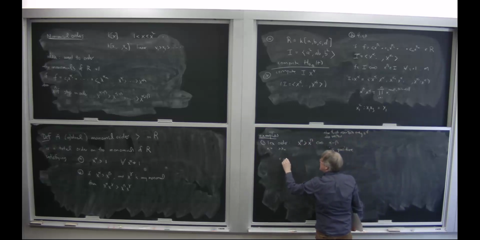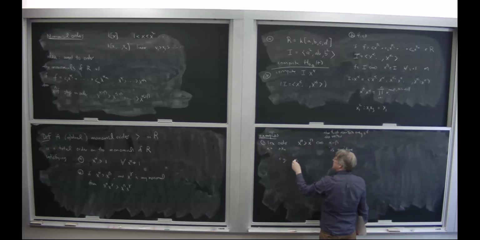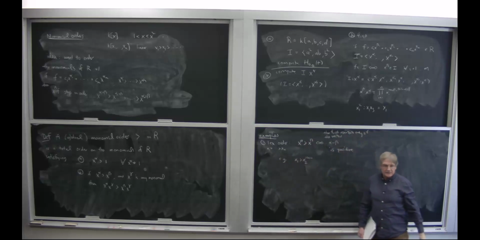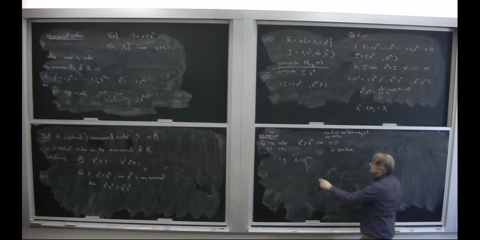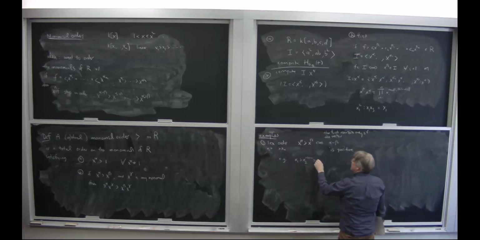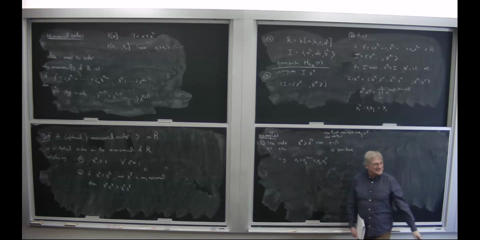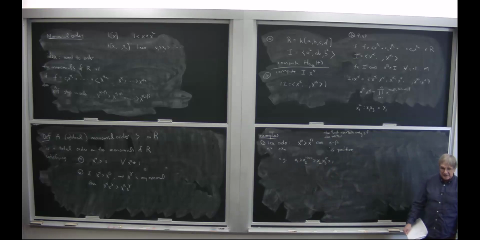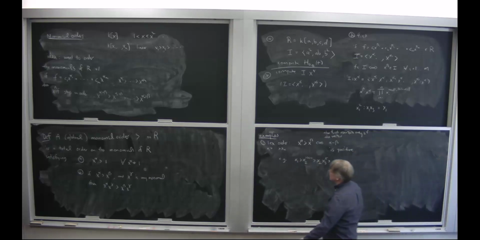For example, x1 is greater than x2 to the 1000, because this is (1, 0) and this is (0, 1000). Which is greater than x2 times x3 to the 5, and then greater than 1. So we have all of these kinds of things. That's the lexicographic order.